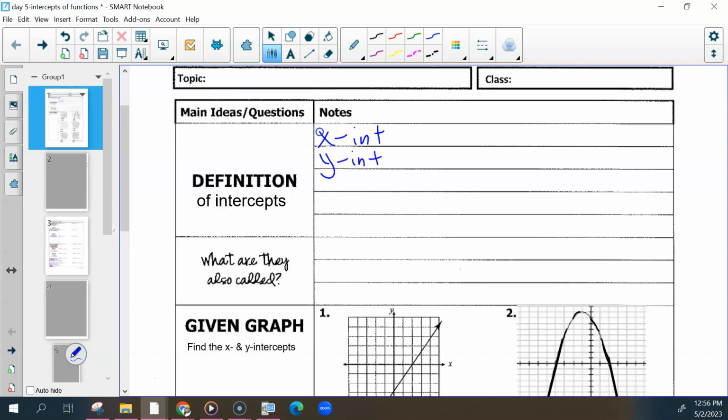So graphically, I'll say this and then write it. It's where it crosses or touches or intersects the x-axis or the y-axis.